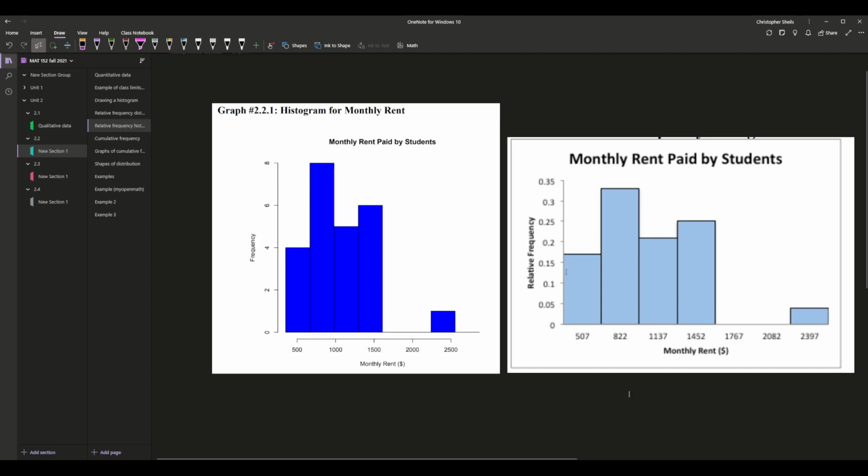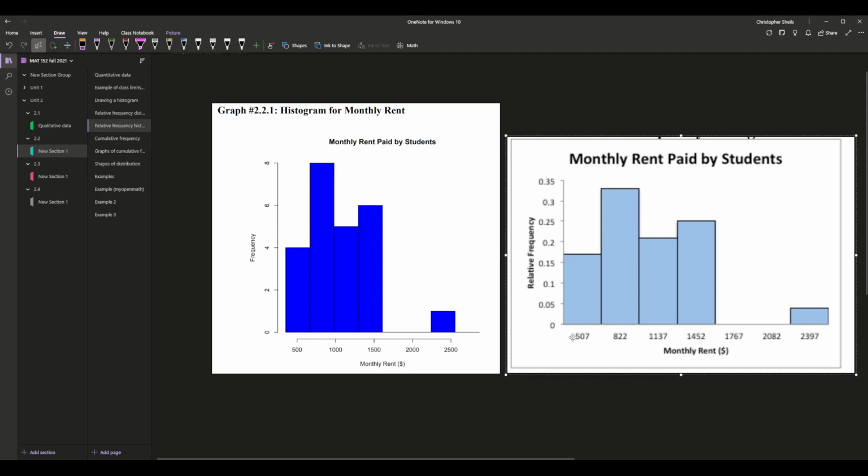The only difference between these two graphs, other than the visual difference of they have slightly different colors and one's a little bit clearer than the other, is that on the right graph we have relative frequencies on the y-axis, whereas in the left graph we just have frequencies. Other than that, these are the same. I suppose the labeling on the x-axis is also different between these two, but that's not a problem at all.